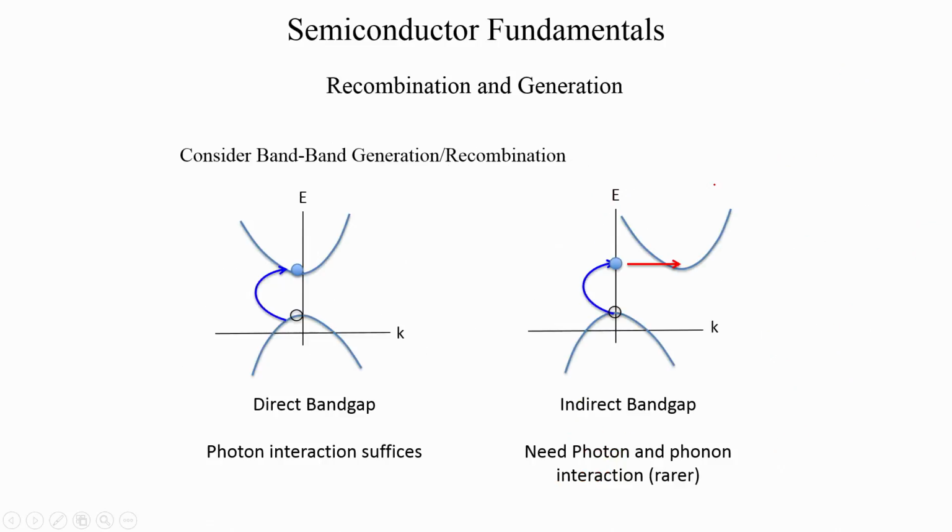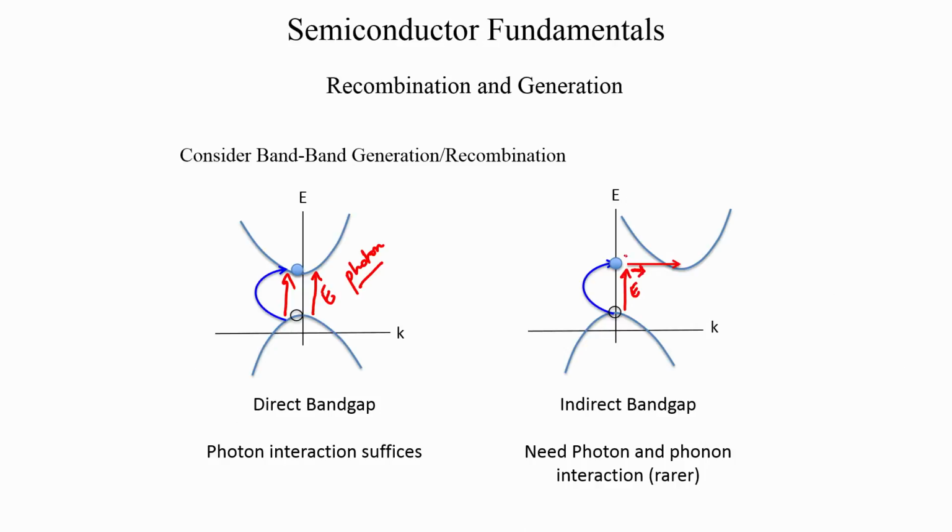So, going to this picture, what this means is that in order for us to take the electron from the top of the valence band to the conduction band, we need an increase in E, which comes through an interaction with a photon. So, just one interaction with the photon is sufficient to push this carrier up. But here we need interaction with two different species. You need an interaction with the photon to push the carrier up in E, but a photon interaction cannot give you too much of shift in k.